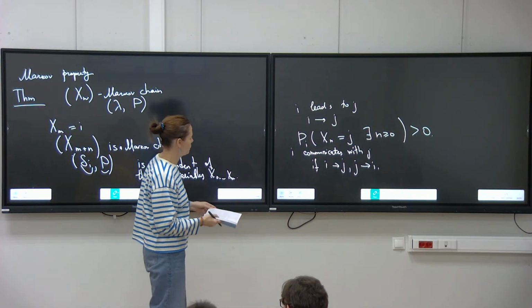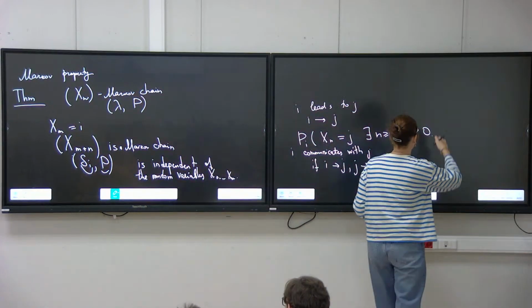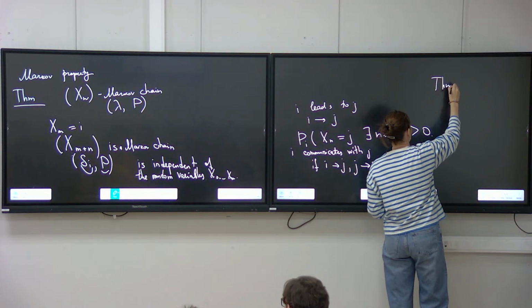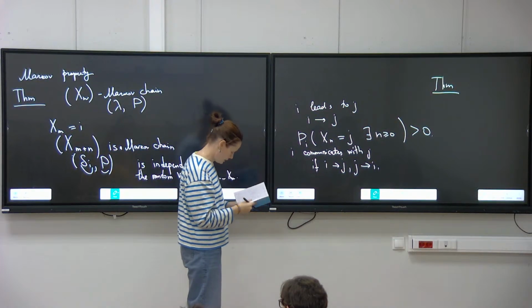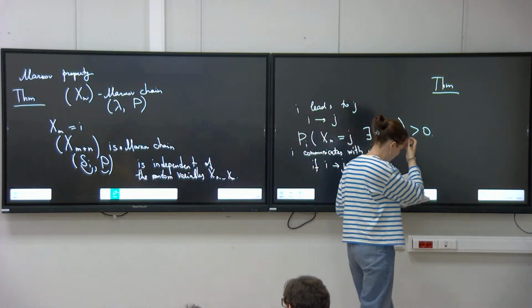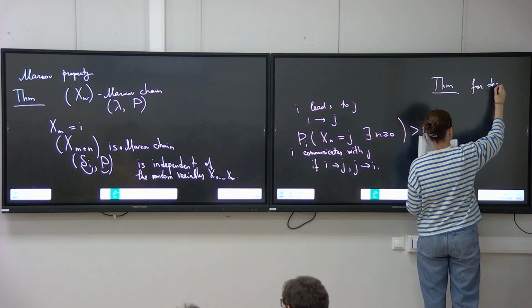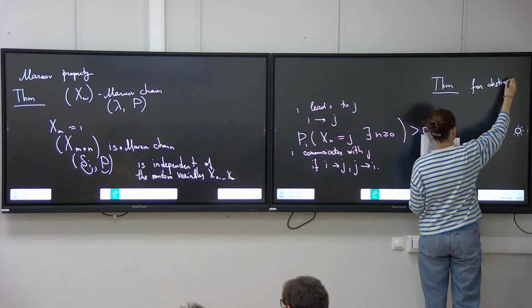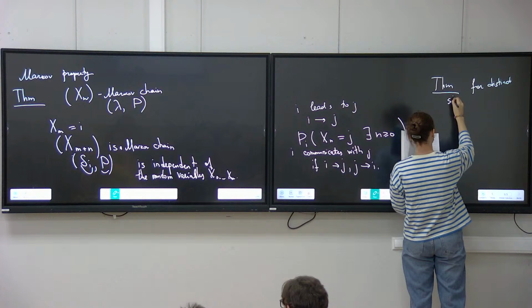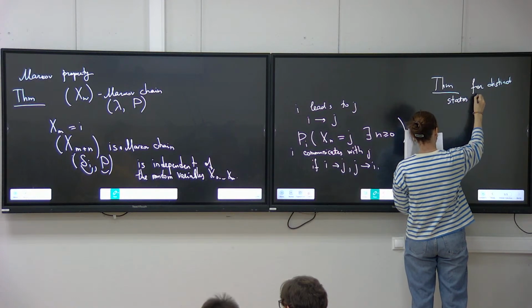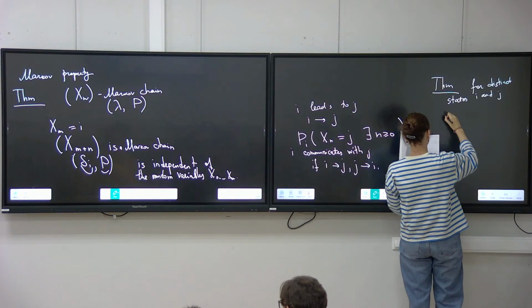Now we state a very simple statement, which is basically obvious, that we can understand what kind of relations we have just looking at our favorite matrices. So for distinct states I and J, the following things are equivalent.